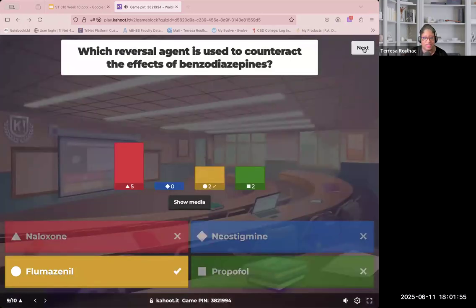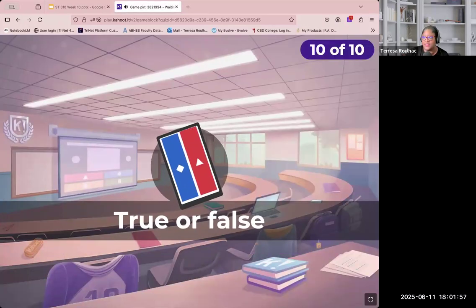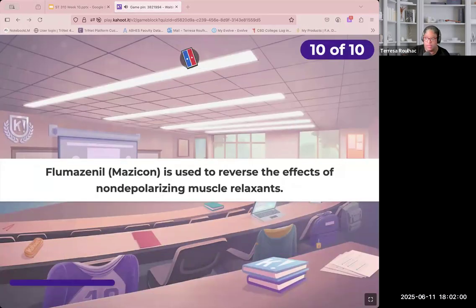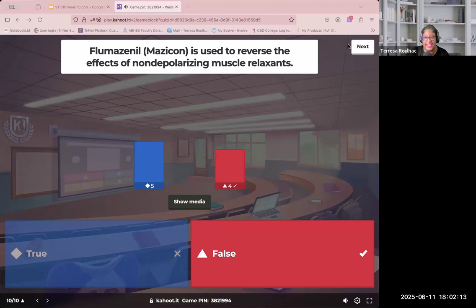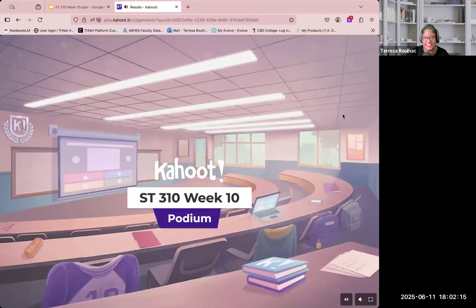Flumazenil. I think I said that correctly. And the last one. And it is false.